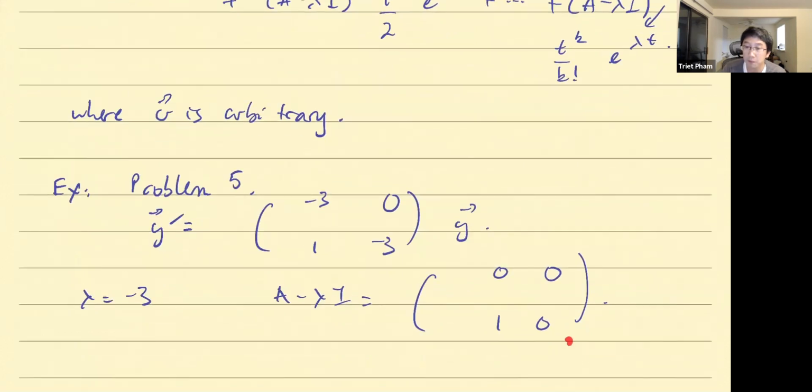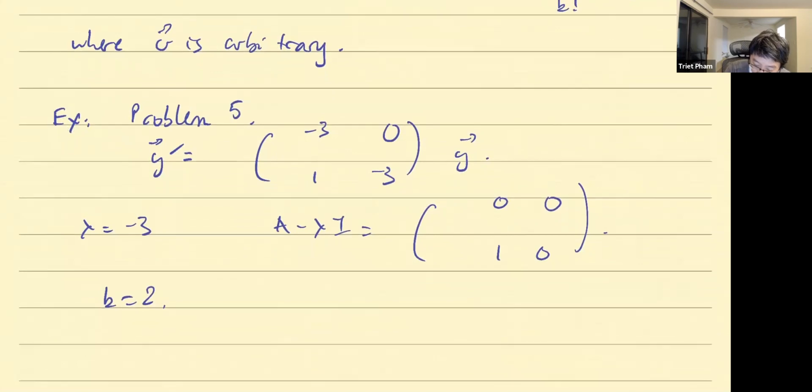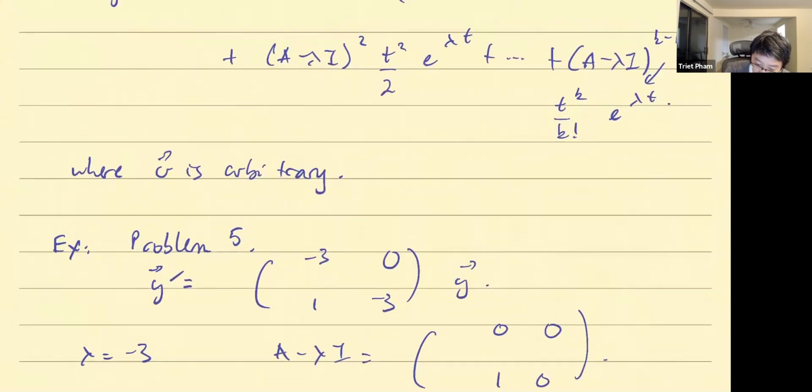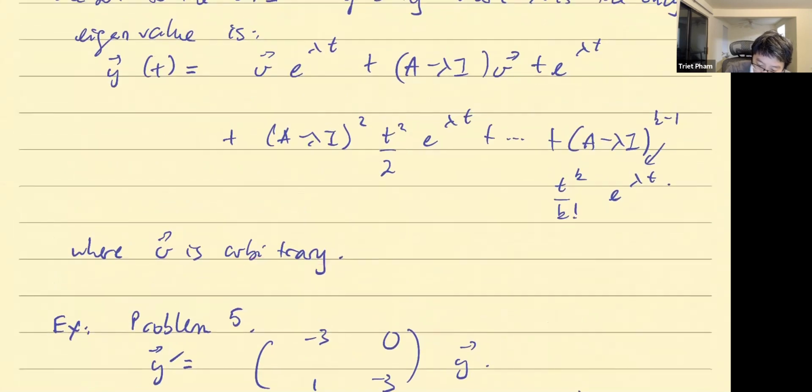What is that power here in this example? Exactly, k equals 2. So what does the structure say? You start out with an arbitrary vector. So arbitrary vector means, sorry, my iPad got stuck.